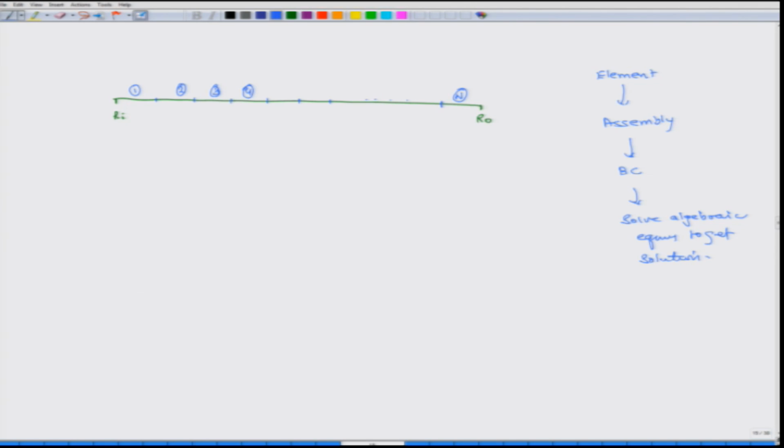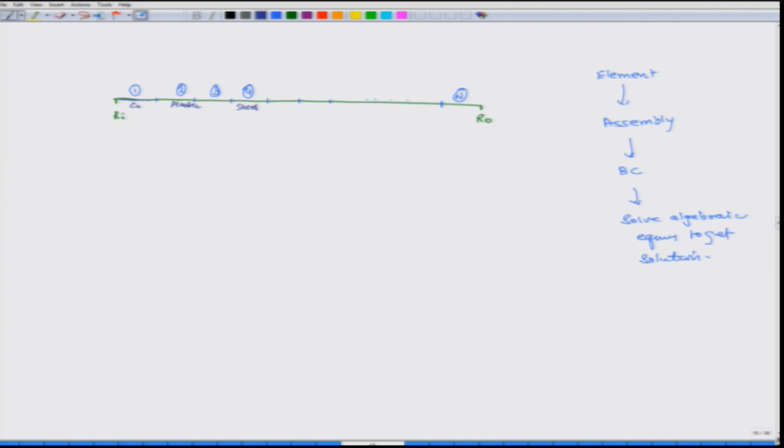This process is a very powerful feature of the finite element method. And what is that feature? It could be possible that element 1 is made up of copper and element 2 is made up of, let us say, some plastic, and element 4 is made up of steel.